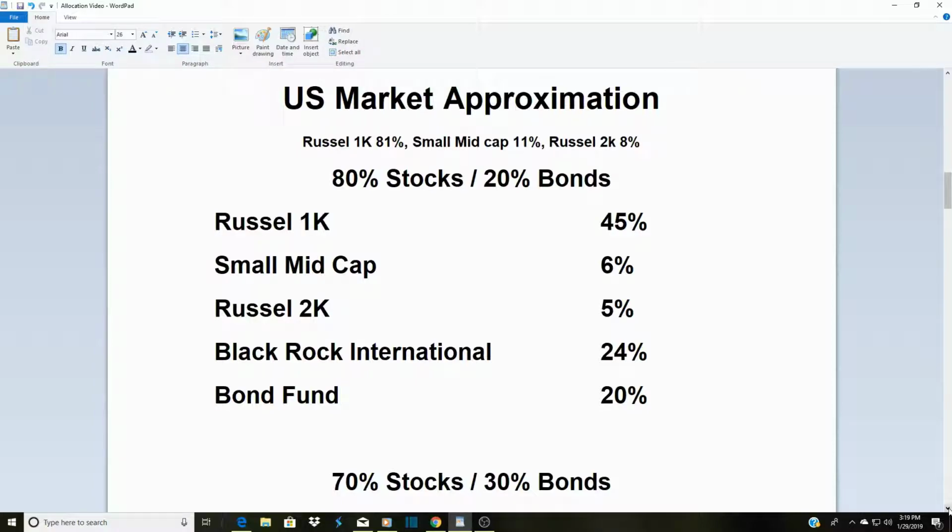And then finally, if you take your 56% times 0.08, that will give you your 5% for your Russell 2000. So in the end, this stock portfolio ends up being 45% Russell 1000, 6% small mid cap, 5% Russell 2000, 24% BlackRock International, 20% bond fund.